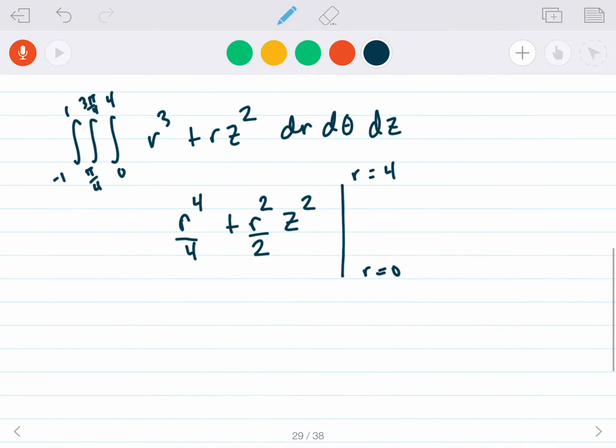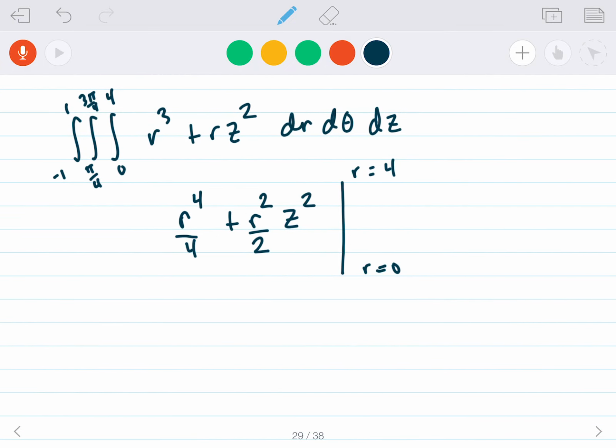So let's go ahead and plug in those bounds. So we get 4 to the 4th over 4 plus 4 squared over 2 z squared minus, and then when I plug in the 0 for r, that's all going to disappear, so I really just need this.